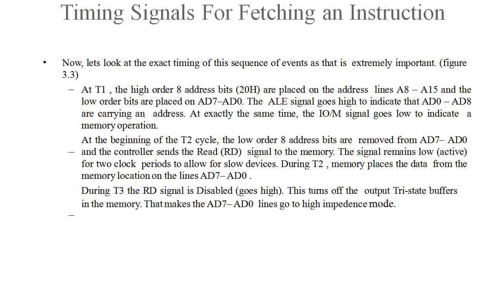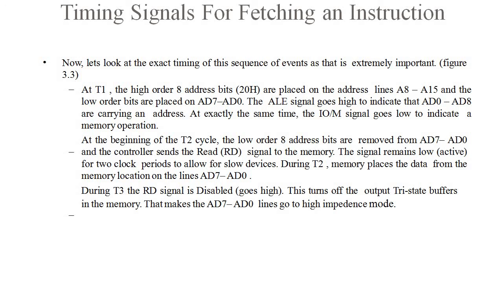At the beginning of the T2 cycle, the low order 8 address bits are removed from AD7 to AD0, and the controller sends the read signal to the memory. The signal remains low for 2 clock periods to allow for slow devices. During T2, memory places the data from the memory location on the lines AD7 to AD0.